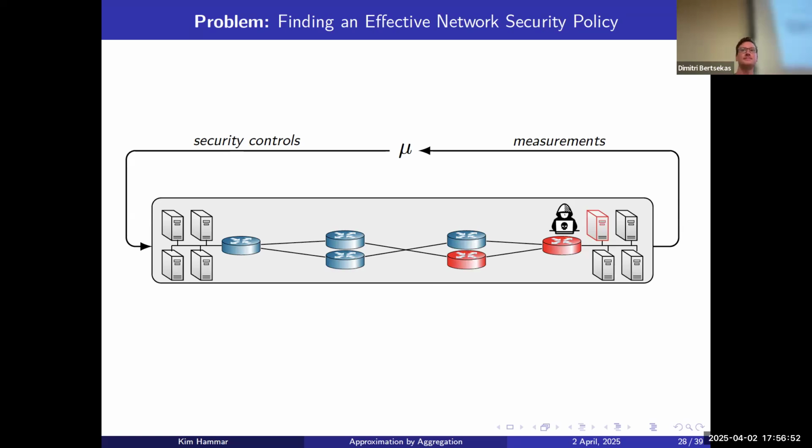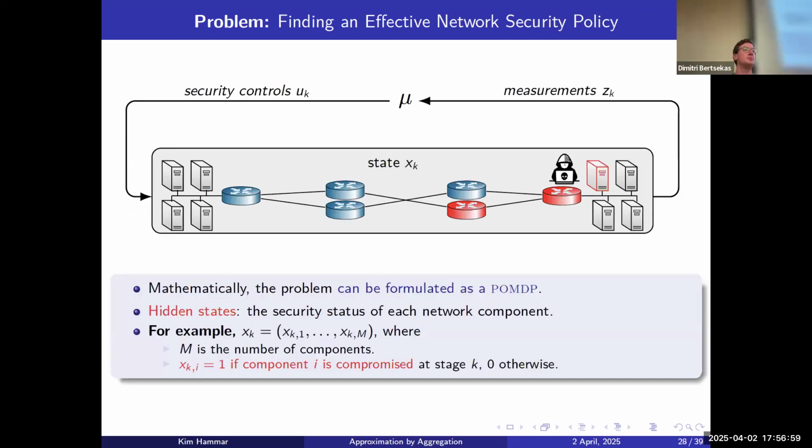That's a good remark. And mathematically, we can think about this problem as a form of a POMDP, where the hidden state represents the security statuses of the different components, which generally we cannot measure directly. So typically, we always have this uncertainty that we cannot directly detect a potential attack.